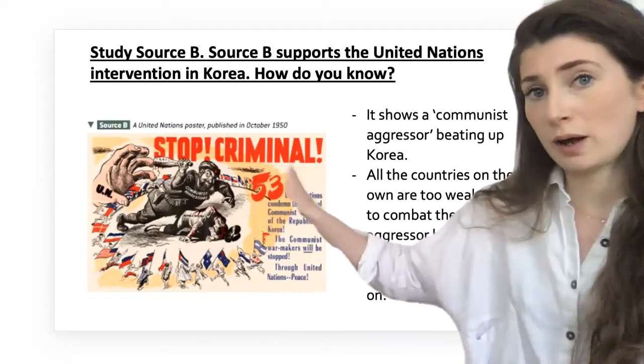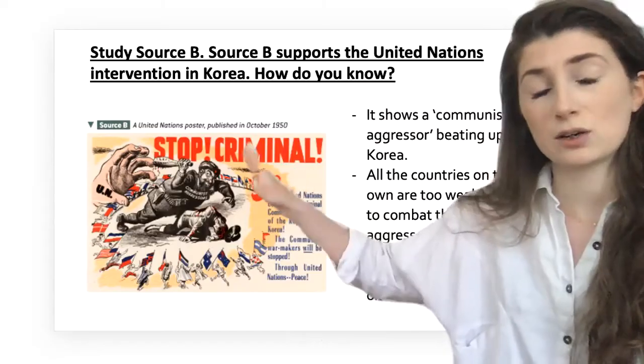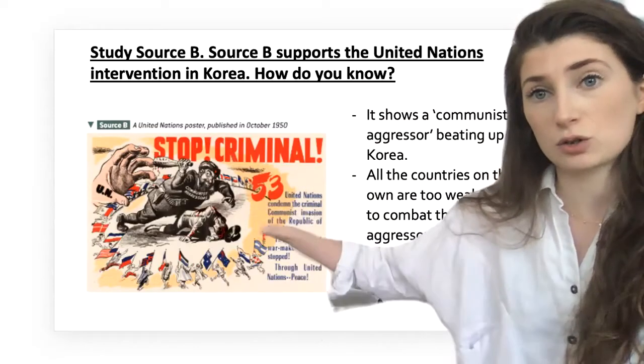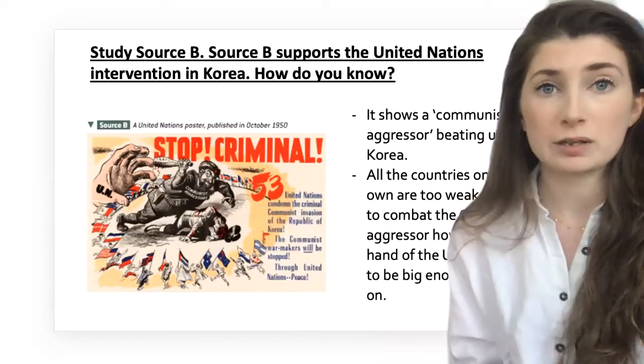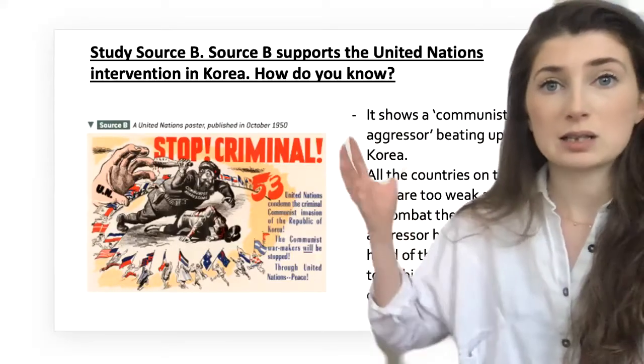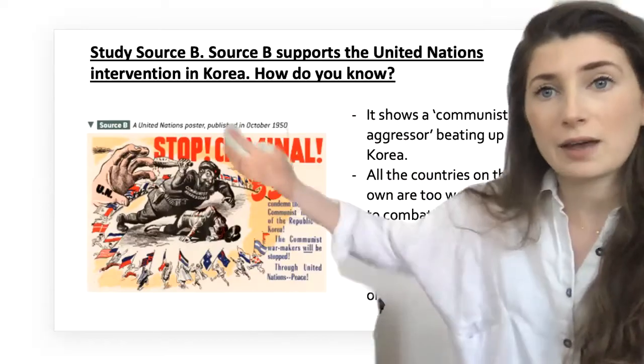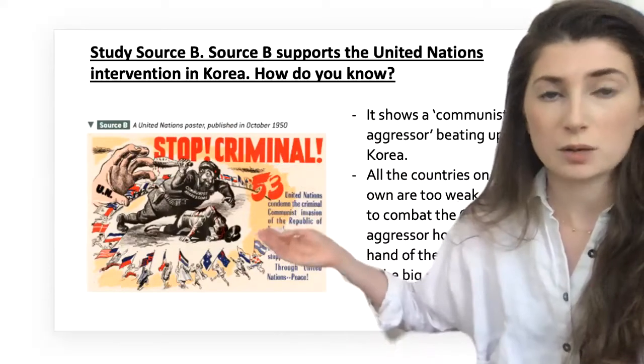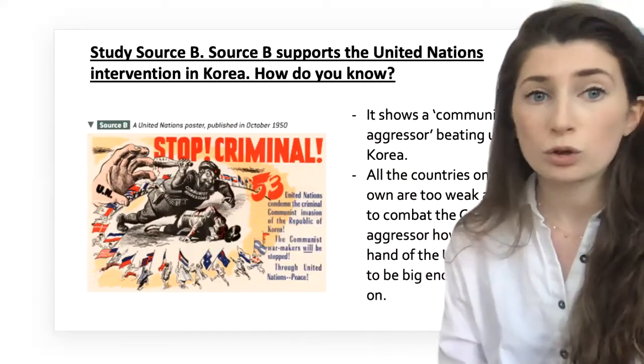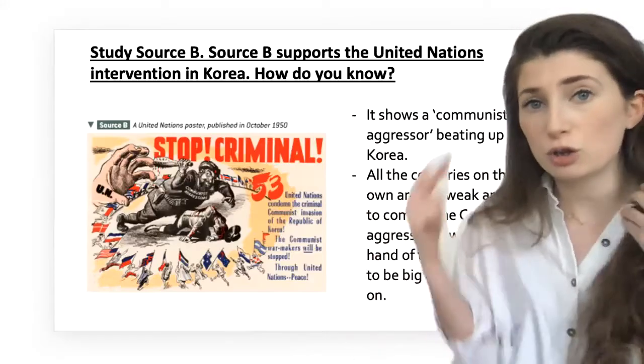So the UN hand is strong enough to take on the communist aggressor, but these countries are too small on their own. That's why we need the UN. And firstly, the communist aggressor is beating up Korea and they are the stronger party, Korea is the weaker party, okay? And that's all you have to do. You just now have to put 2 small facts with it.